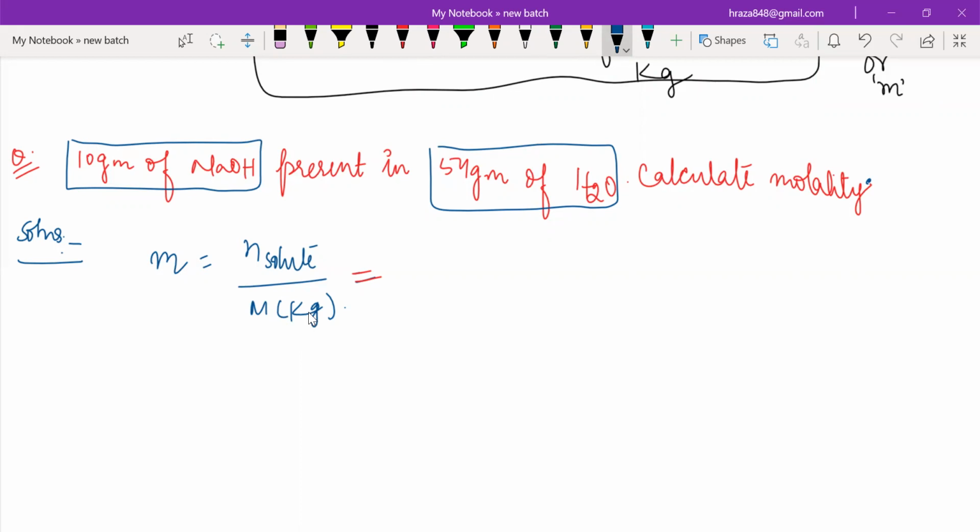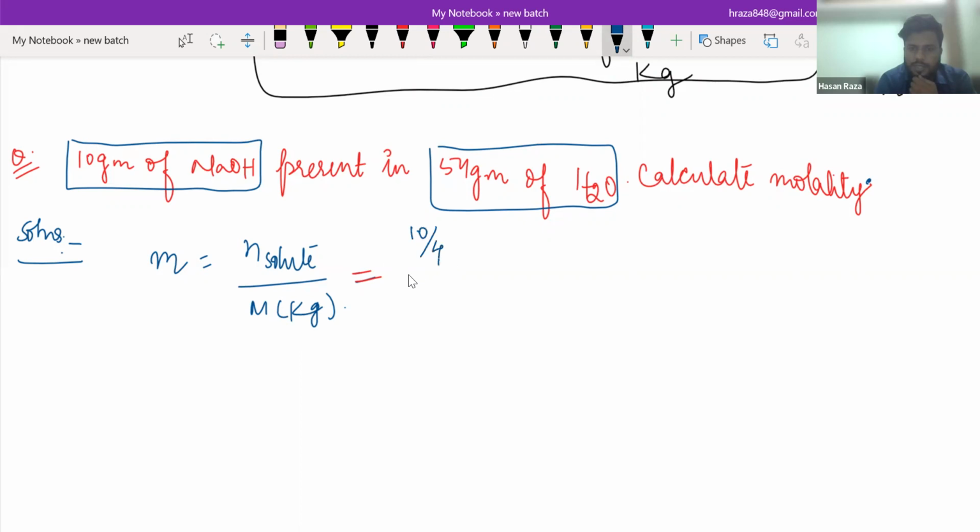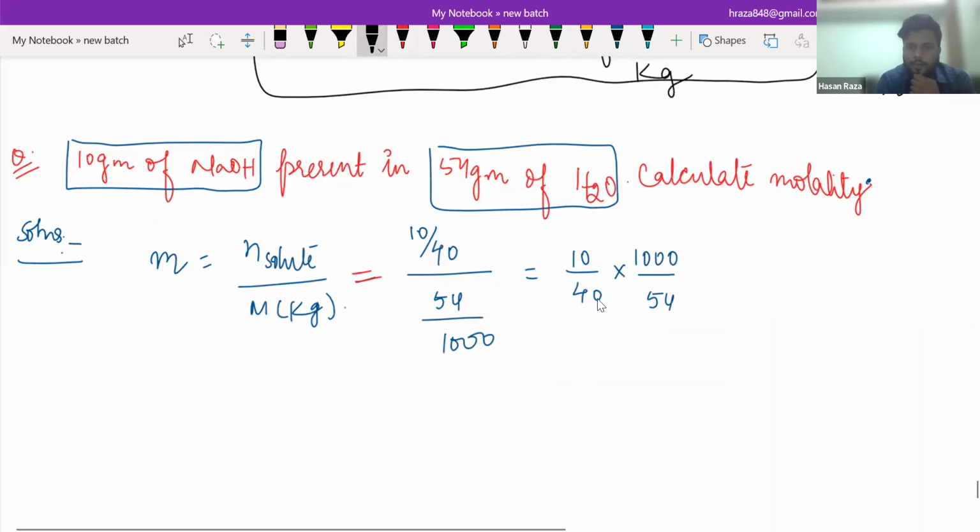Okay. Number of moles is given mass upon molar mass. Molar mass is basically 40, upon mass of solvent, that is 54 gram, divided by 1000 to convert to kg. So 10 by 40 into 1000 upon 54. Now just solve it and you will get your answer.